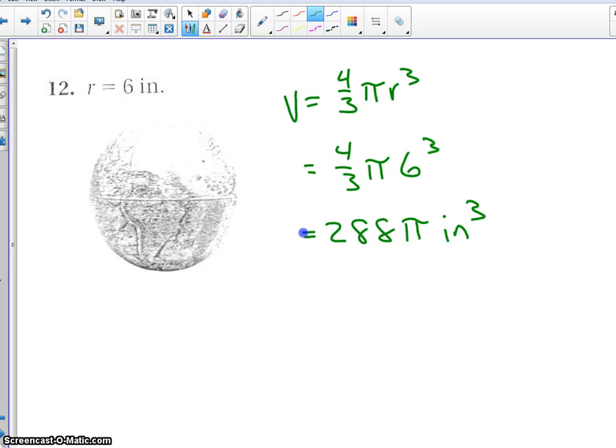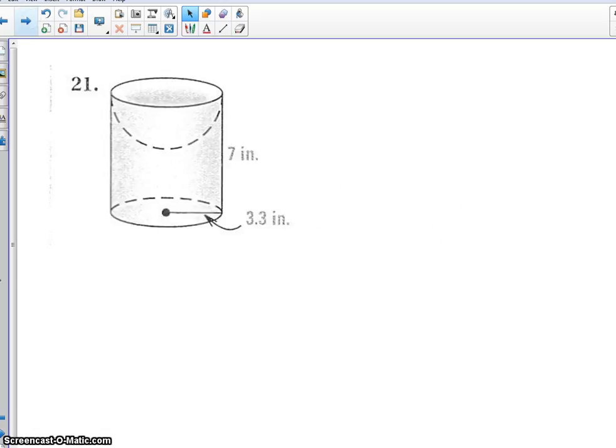All right, and moving along here, you're going to have some other problems where we apply some of these ideas. But the next part we're going to talk about again is composite figures, just like yesterday. So the problem we've got is number 21.